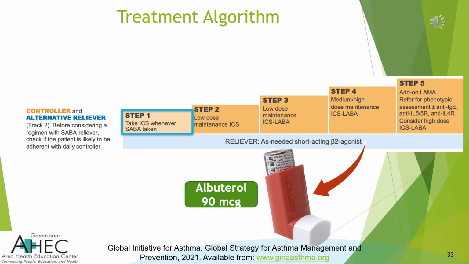You can see that in step 1, it is recommended for patients to take an inhaled corticosteroid in addition to their short-acting beta agonist. This is because studies have shown that short-acting beta agonist alone increases the risk of asthma exacerbations compared to an inhaled corticosteroid and short-acting beta agonist combination.